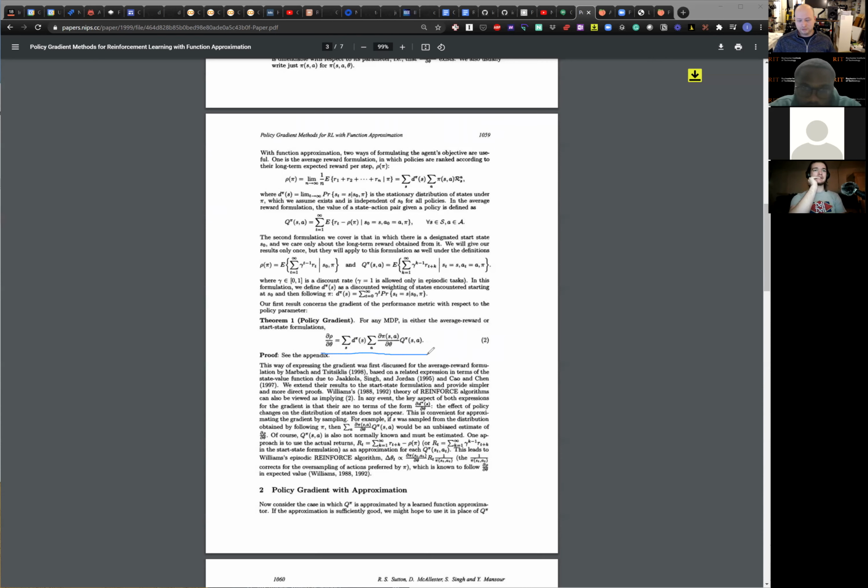The derivative of your loss function is equivalent to, over all states and over all actions, the derivative, or the gradient. It should be the gradient, but back then they didn't have neural networks.